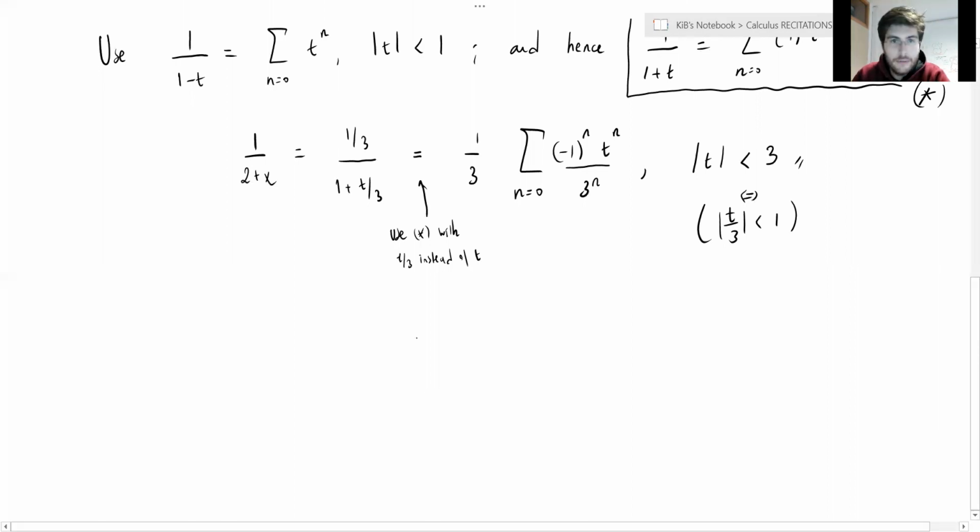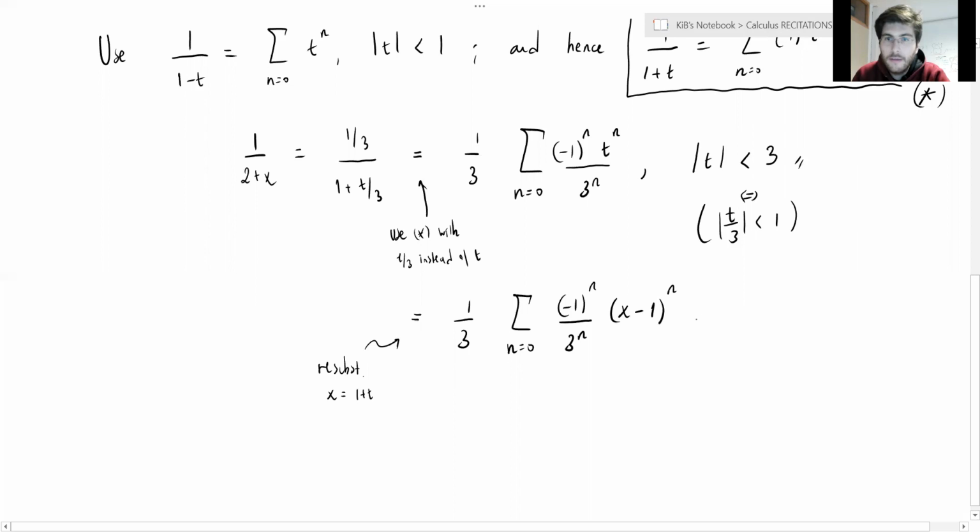Therefore, we just resubstitute back. Remember, x was 1 plus t, or whatever; t is x minus 1. And therefore, we have minus 1 to the n divided by 3 to the n. Instead of t, we just resubstitute everything.